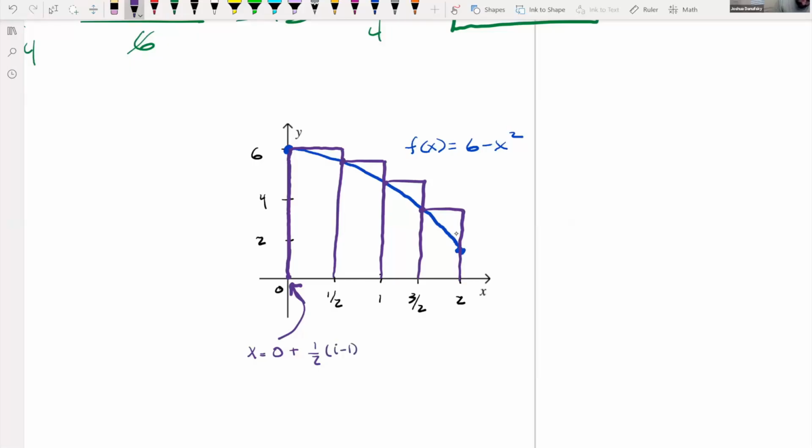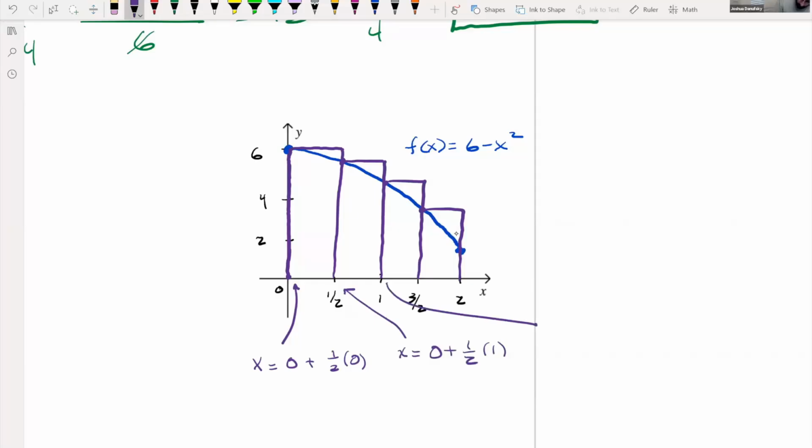So actually, let's do this kind of like I did before. Watch. This first left endpoint is going to be x equals 0 plus 1/2 times 0, right? No delta x's, no widths. This one is going to be x equals 0 plus 1/2 times 1.